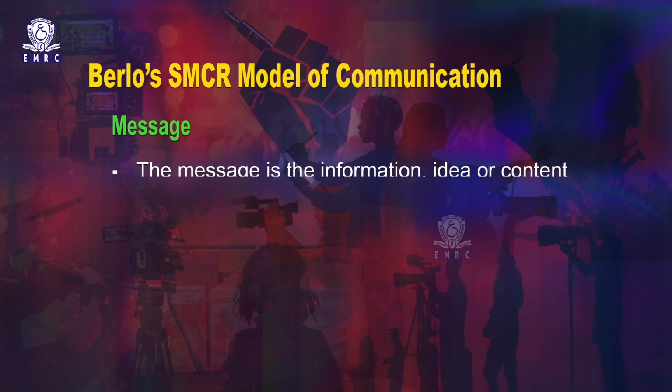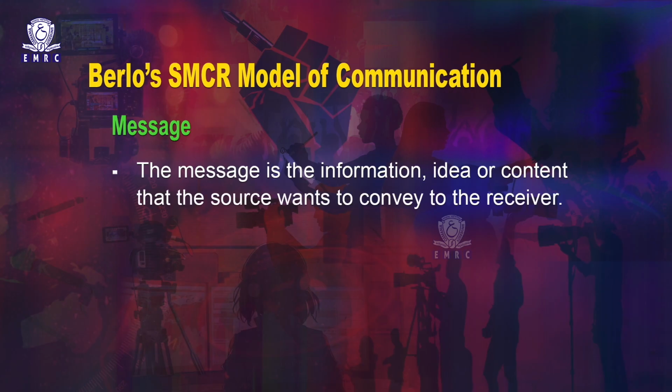Message. The message is the information, idea or content that the source wants to convey to the receiver. It can be verbal, written, visual or a combination of different forms of communication. The effectiveness of communication depends on how well the message is crafted and how accurately it is decoded by the receiver.